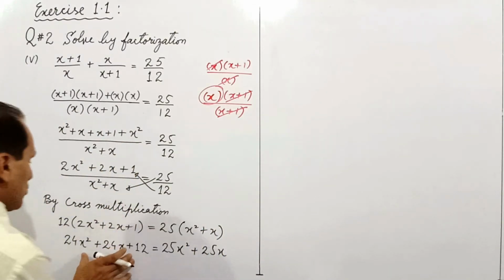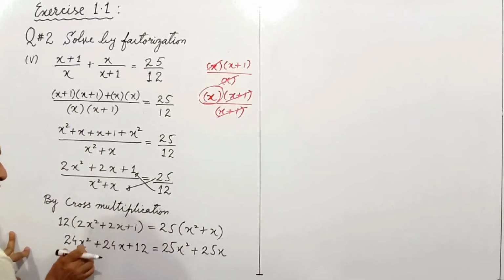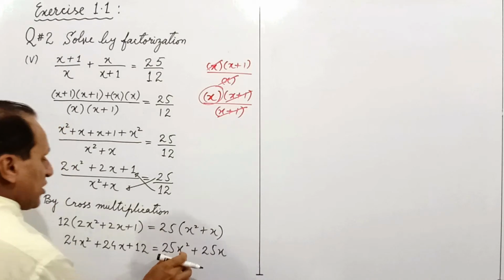We take these three values to the right hand side as 25x square is greater than 24x square and it is the highest degree term.